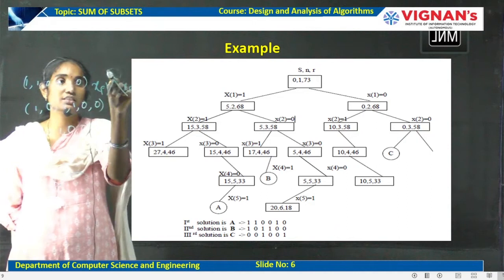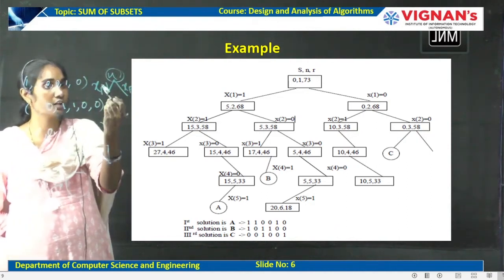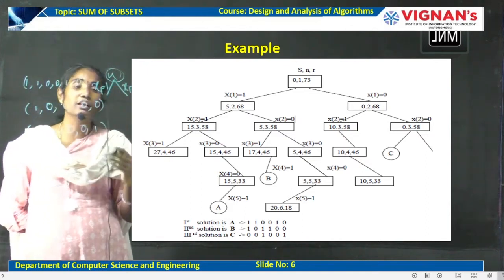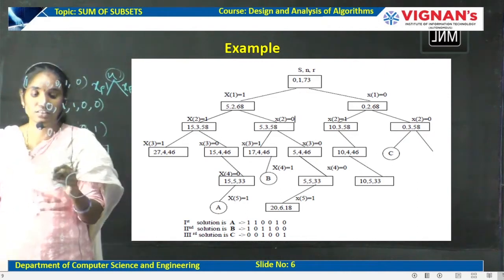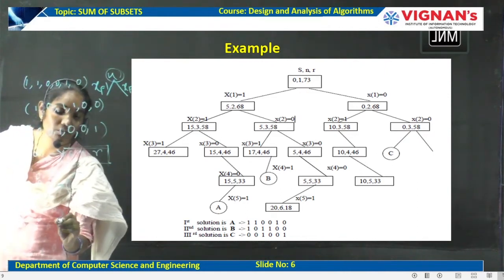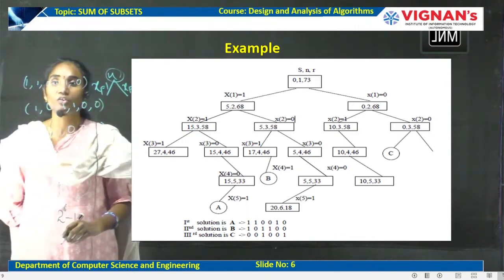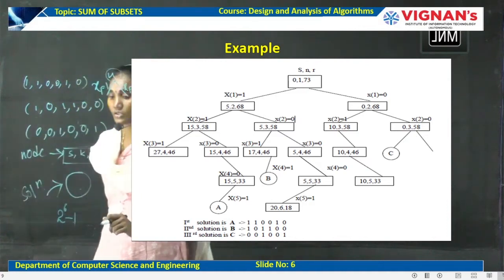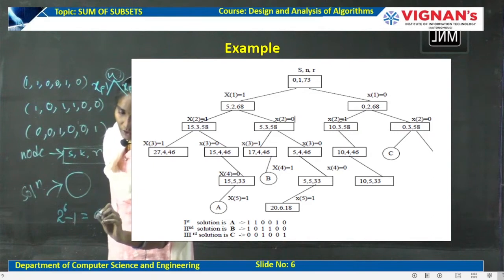Which means that I'm taking a particular weight w1 here, and here I have not taken that w1. So likewise I'm expanding. Here I'm having 6 weights, which means totally I'll be having 2 power 6 minus 1 nodes if I want to generate the solution state space tree. So 2 power 6 minus 1 is equal to 63.